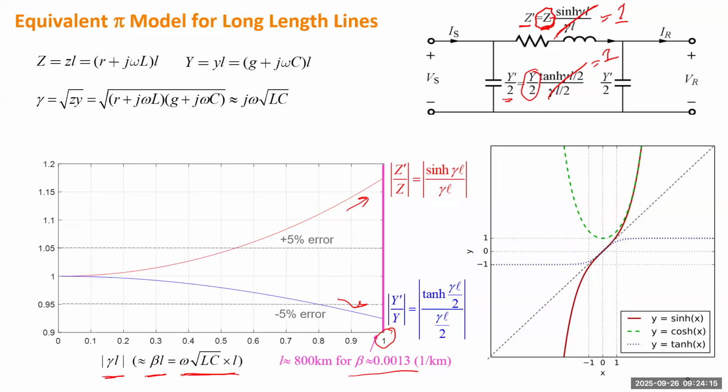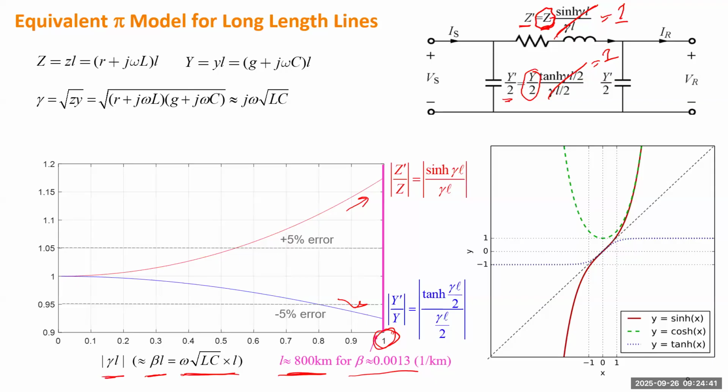So when beta L is equal to 1, L is 800 kilometers. So this plot just shows, if the line length increases from 0 to about 800 kilometers, how those two factors deviate from 1, how the error can grow. So the total line is 800 kilometers.